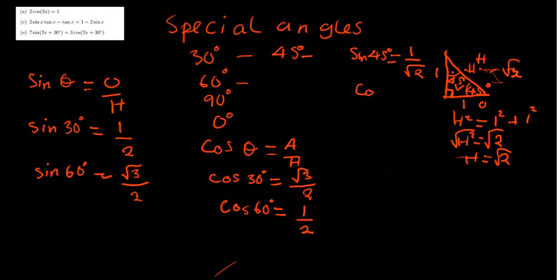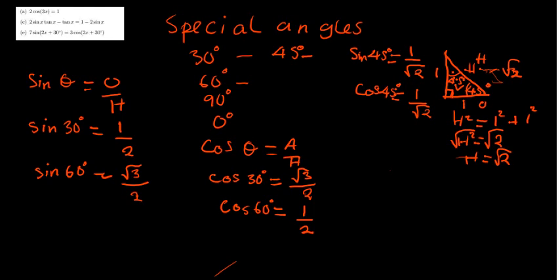Let's now take cos 45. We know that cosine ratio is equal to adjacent over hypotenuse. The adjacent in this case is 1, then the hypotenuse is the root of 2. So cosine 45 is equal to 1 over root 2.